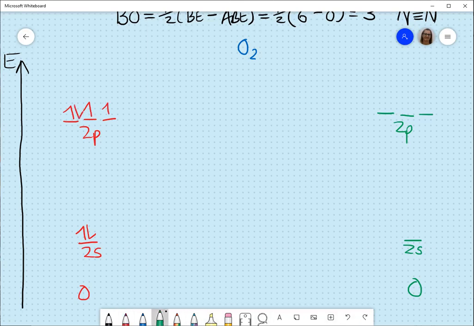And let's do the green one. It's going to be exactly the same. So I'm just going to do this. All right, now we can construct the molecular orbitals for oxygen, where we've got one bonding and one antibonding. So this is the sigma bonding from the s orbital, which is gerade. This is the antibonding orbital from the s orbitals, which is ungerade.